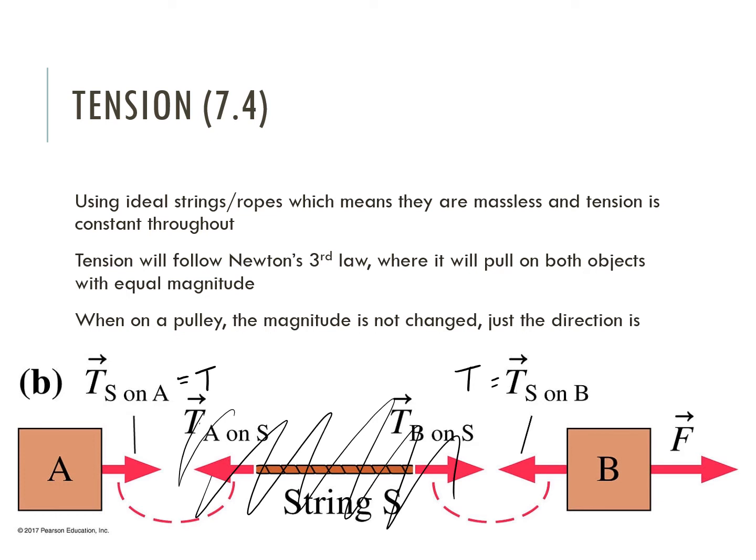So if you have a single string, tension is constant, better be the same exact value on both objects, and it is going to pull both of them. So it's always going to point in the direction of the string. On box A here, tension is going to point to the right, towards the middle of the string. And for box B, it's going to point to the left, again towards the center of the string.